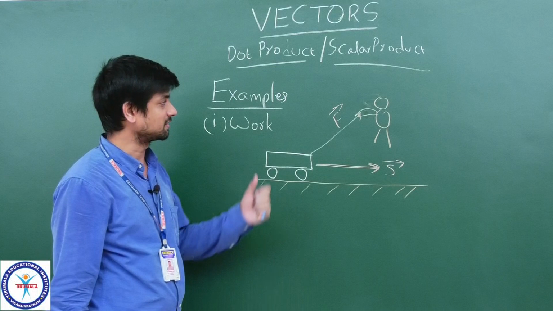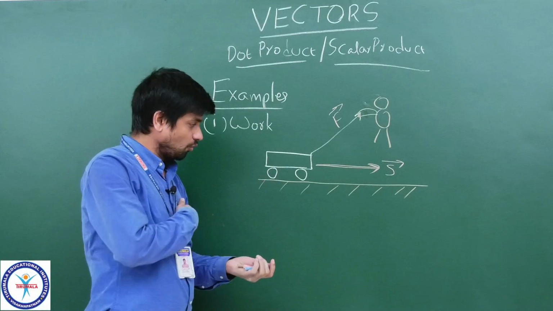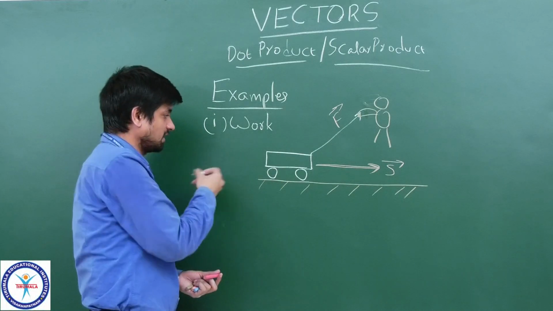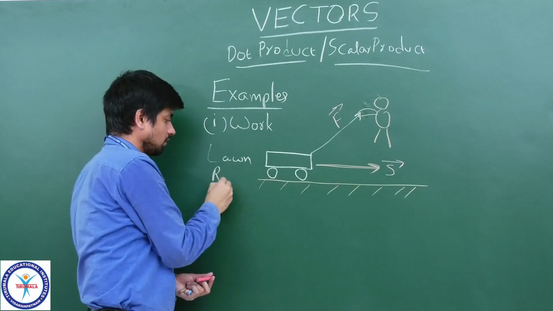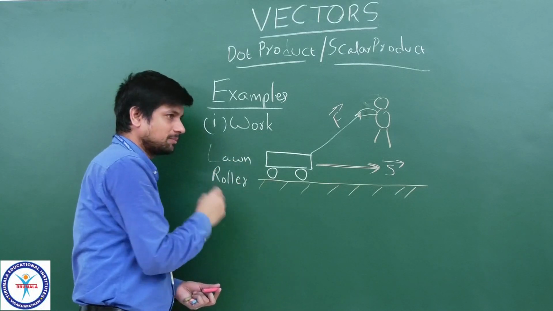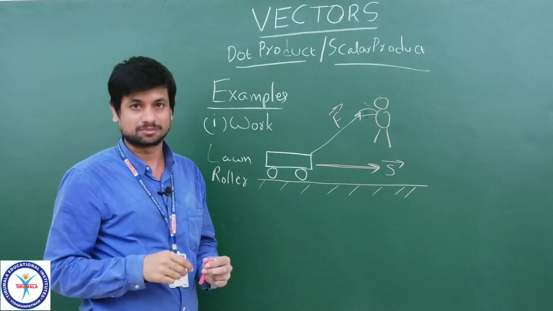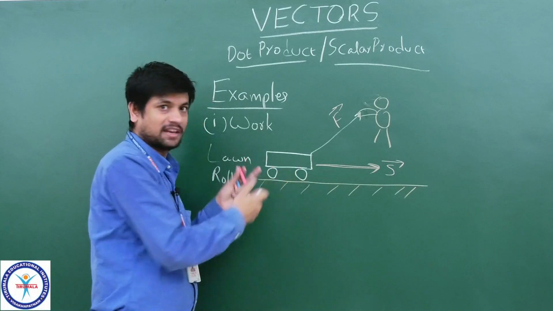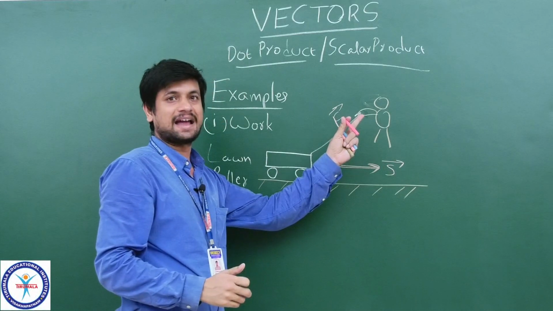So children, the example of the dot product or scalar product is work. You can see here one lawn roller is there. Lawn roller means this is being used to flatten the ground in stadiums, to cut the grass. It has so much weight, but the driving handle will be slanted.